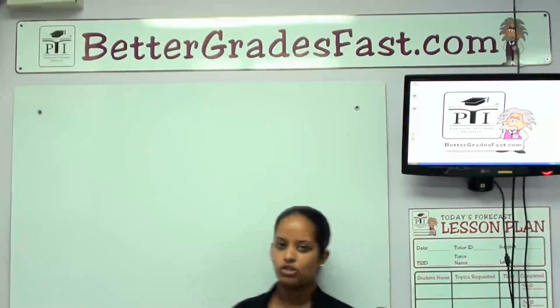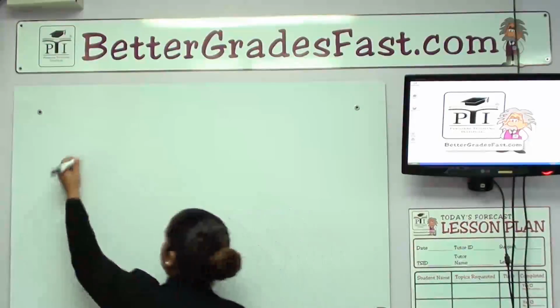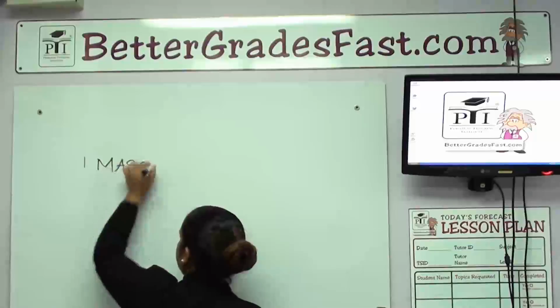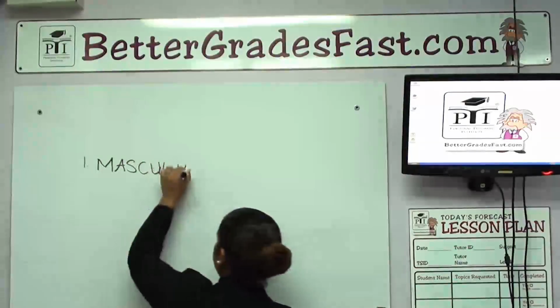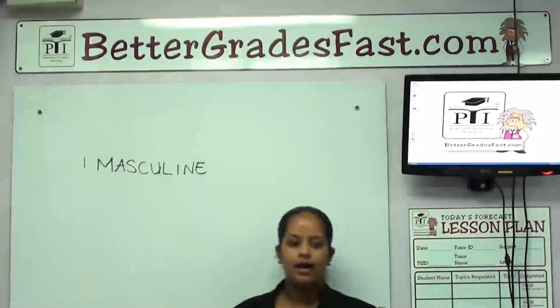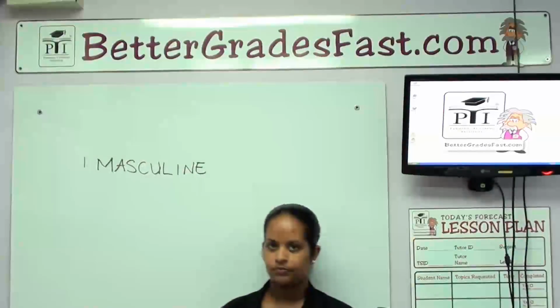The first gender is the masculine. As you know, the masculine gender refers to a male animal or a male person.